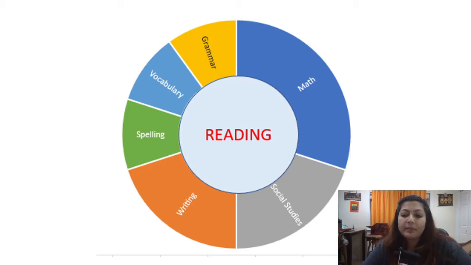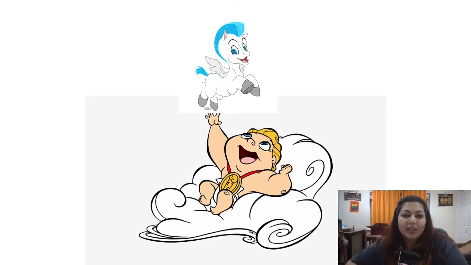So the story is about Hercules, the son of Zeus. When Hercules was a baby, he was in love with a small Pegasus. Yeah, I think they're called Pegasus. These are teeny tiny horses with wings. So this is a baby Pegasus. When he was small, he could actually lift up a baby Pegasus.